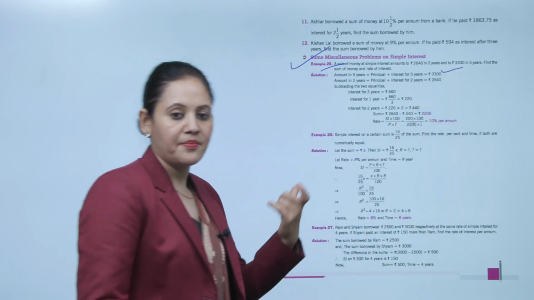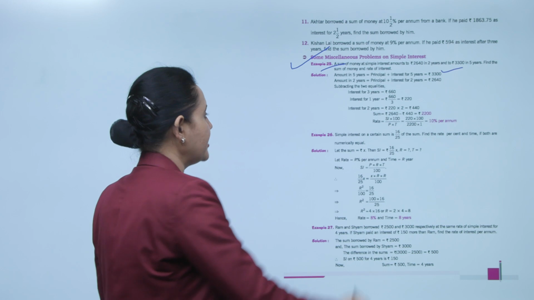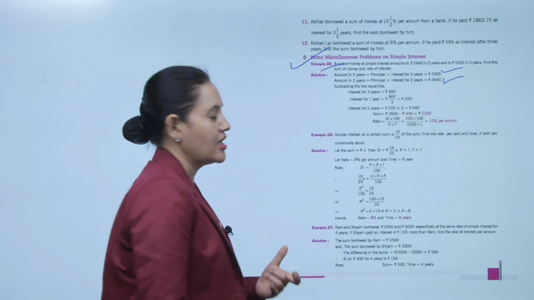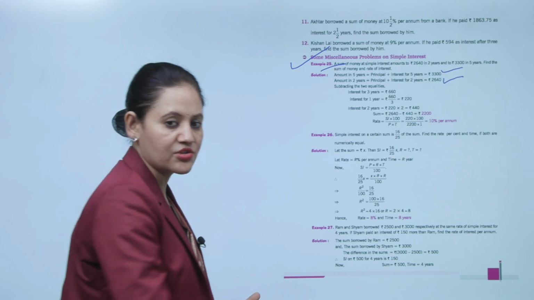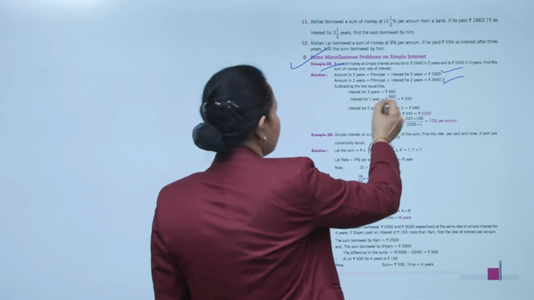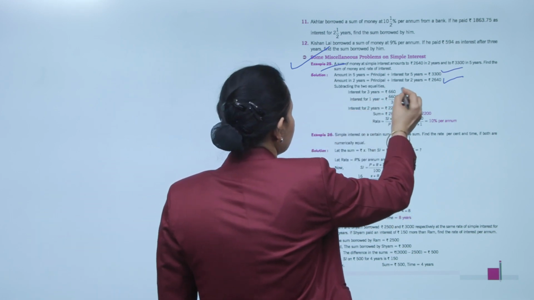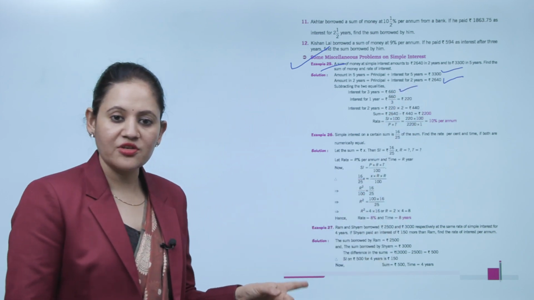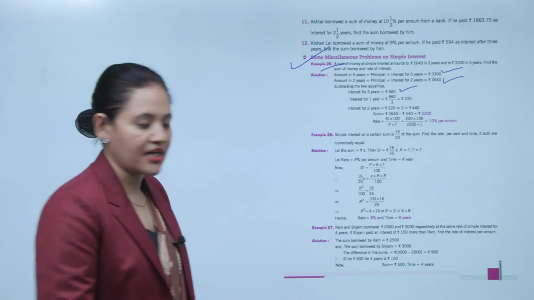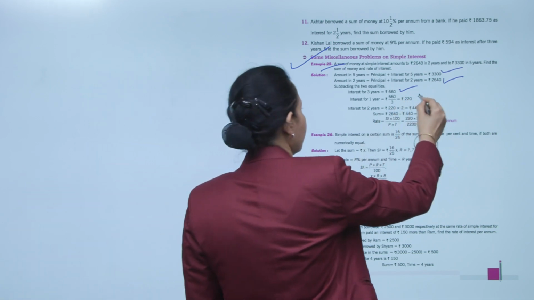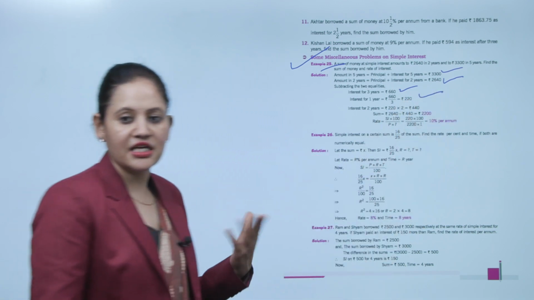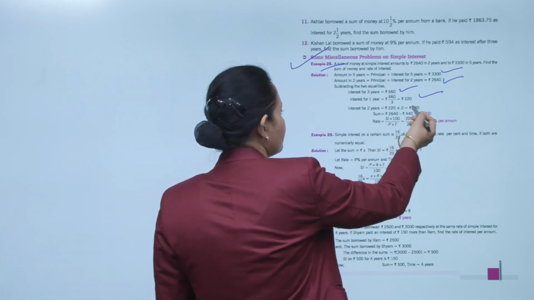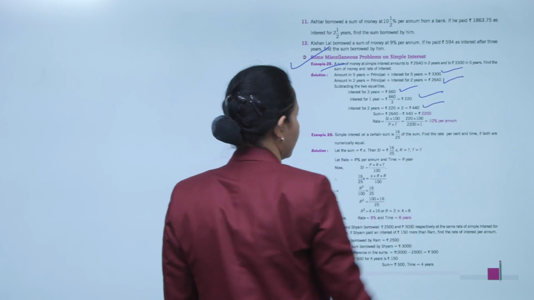Amount in 2 years, principal plus interest, equals rupees 2,640. Now we'll subtract the two quantities, so that we find the interest in 3 years, that is 660 rupees. So how much for 1 year? 660 upon 3 equals rupees 220. Now we have to find the interest for 2 years. So 220 into 2, that is rupees 440.